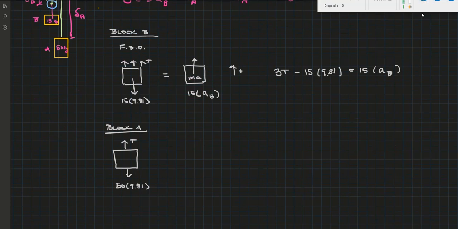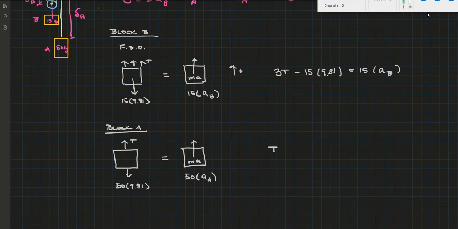So with block A, I have 1 T. It's the same rope, so it has to have the same tension in it, and a weight of 50 times 9.81 for my free body diagram. And then this will be set equal to, and again, I'm going to point this up even though I know it's not, the mass times the acceleration at A, and we'll call this 50 times A. So let's write our equation of motion.